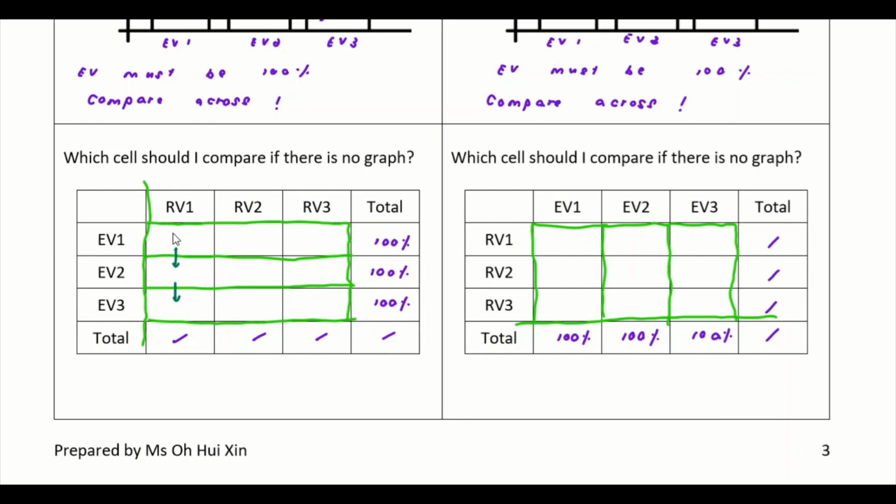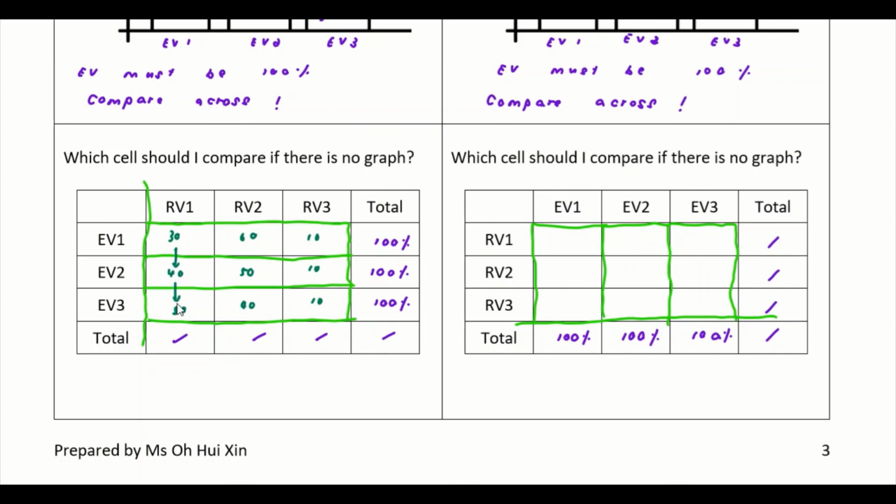Let's put simple numbers, maybe 30, 60, and then 10. So this is 10, 10 also, then this is 50, then 40, then this supposed to be 10, 40, then this is 50.